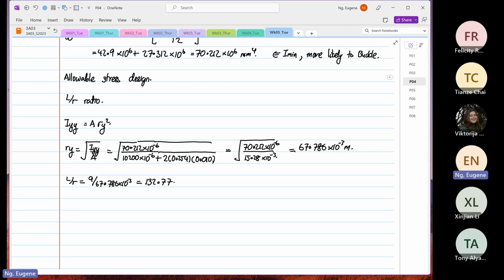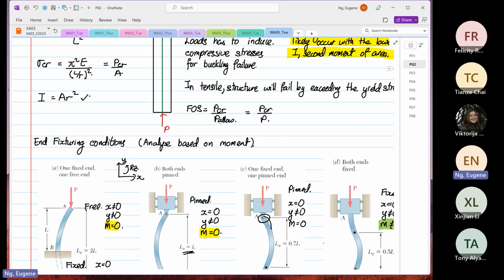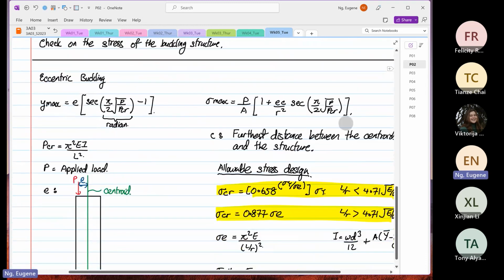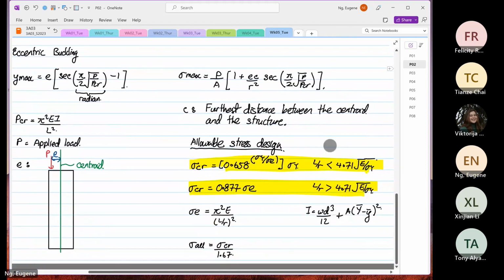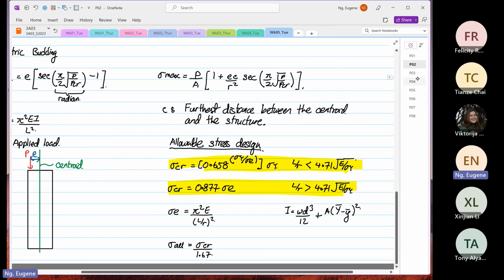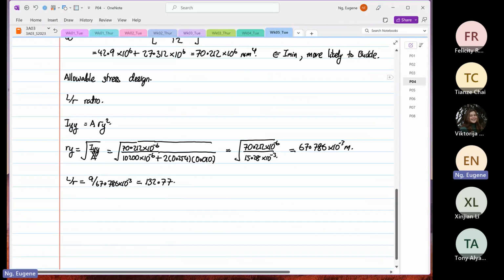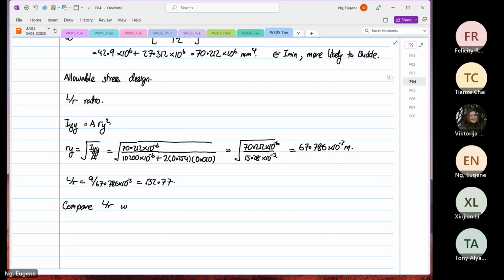Then from here, we have to determine this function, our 4.71. So we have to compare L over R with the square root of what is given to us. I'm looking for my formula sheet.